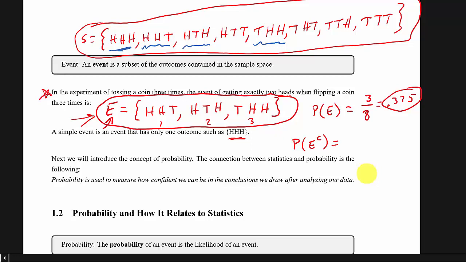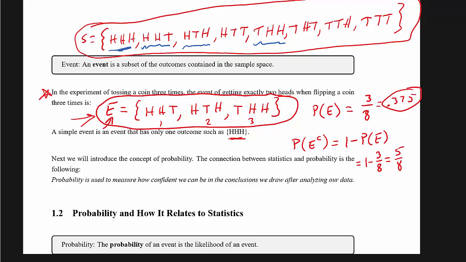What would be the complement of exactly 2 heads? Well, not exactly 2 heads, right? By that rule, that's 1 minus the probability of E, which is 1 minus 3/8, which is 5/8. So the probability of not getting exactly 2 heads is 5/8.